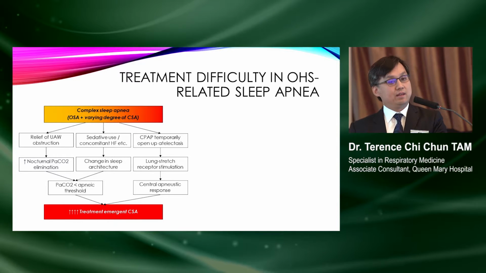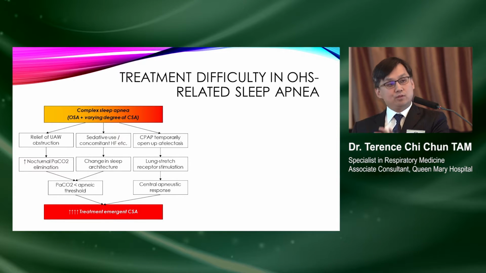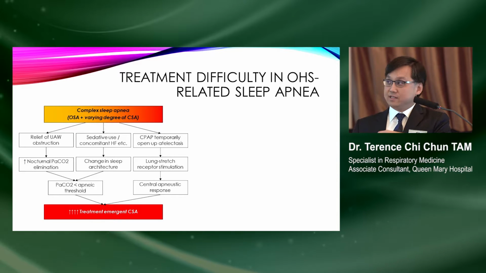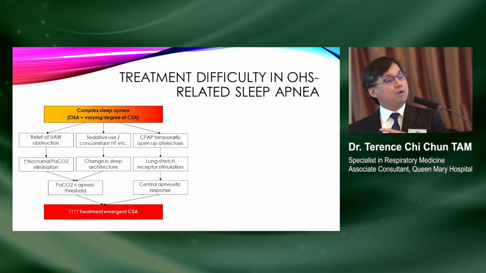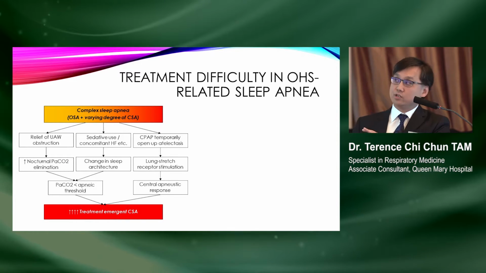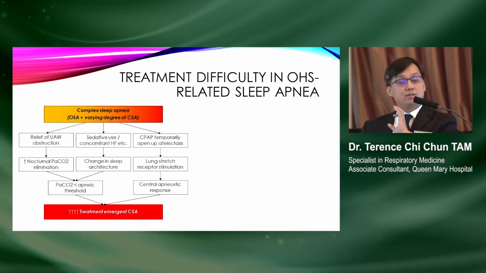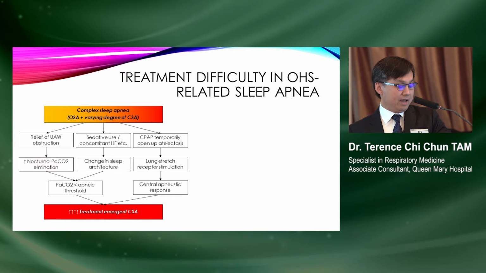And because you're helping them clear the CO2 in the daytime, you push the CO2 below their apneic threshold. Also because they have sedative use, etc., and also because in the daytime, when they're upright, they have all this atelectasis, which, when you use CPAP, sometimes you temporarily open and stretch their lung receptors. All these lead to their tendency to go into apnea.